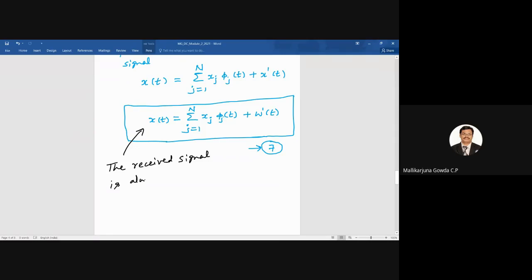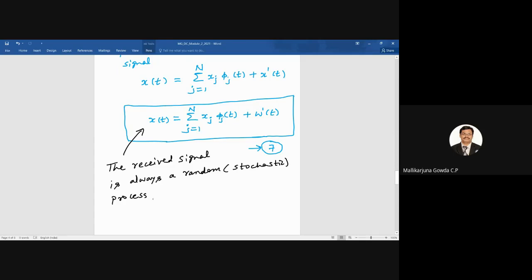Because noise is there, that is why it is always a random, or we can say stochastic, process, right?